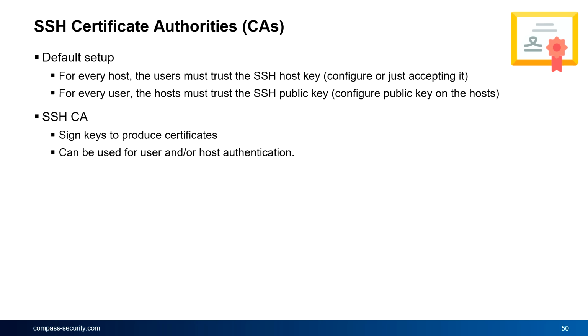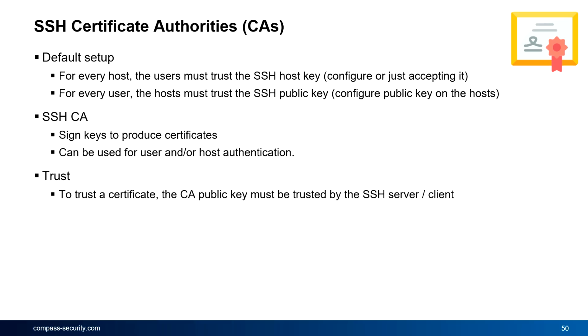If you use SSH CAs, you can sign SSH keys, so either keys of users or hosts, to produce certificates. And these certificates can then be used for user authentication and also for host authentication. To have a working setup, there has to be a trust established between the involved components so that you are able to trust a certificate.